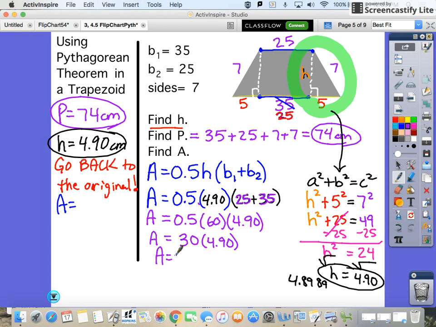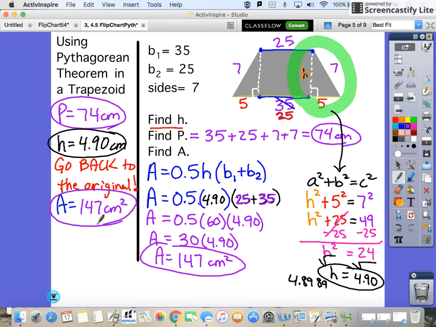So 30 times 4.90 is 147. Please note that if you wanted to, you guys, you could put this into your calculator. I just didn't want to be typing on my calculator during the video, so I did as much mentally as I could and got it down to here.